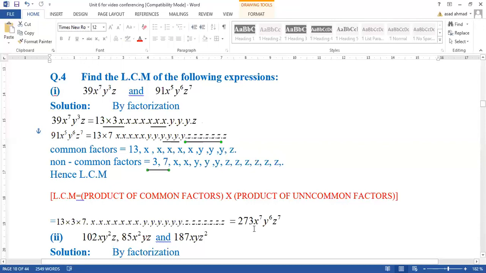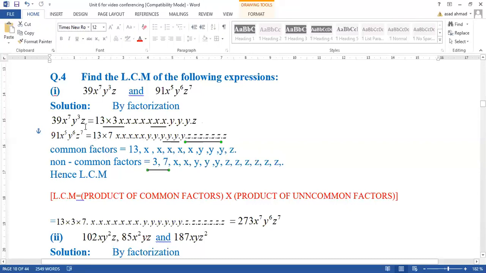Now, just to explain one thing, directly you can see the highest power of x, like this is x raised to power 7, this is x raised to power 5, you will take up the highest power in case of LCM, x raised to power 7. For y raised to power 6, you will see that this is the highest power, so the answer will be y raised to power 6.